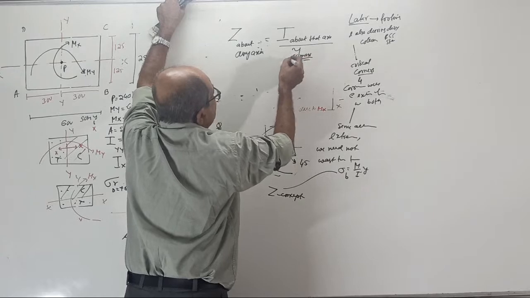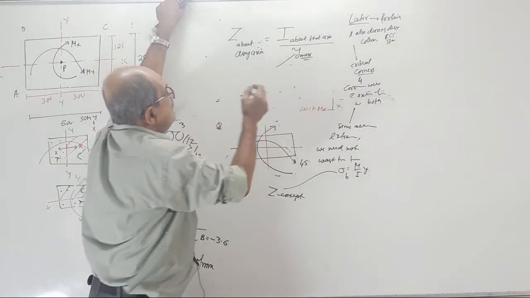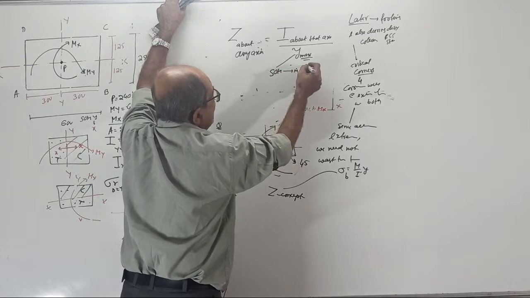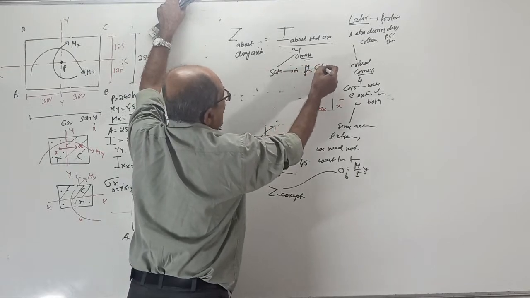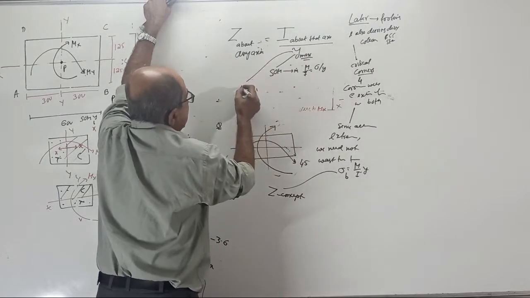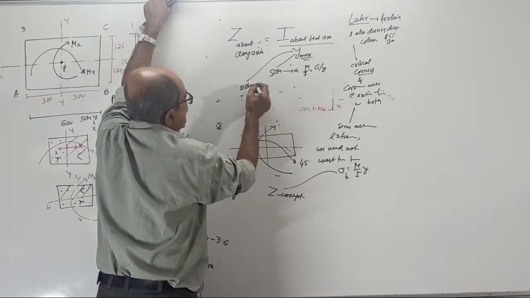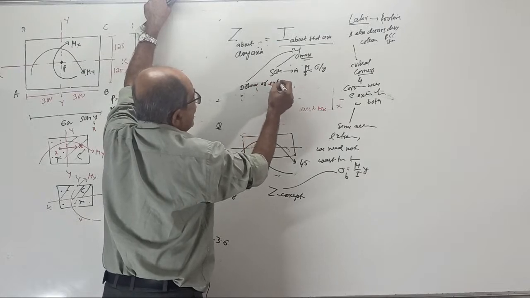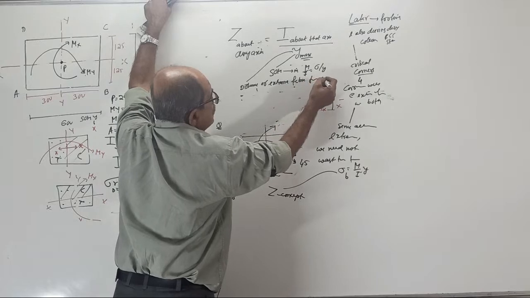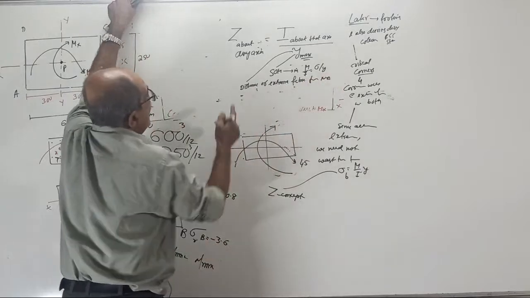This y max is not your x or y; it is the y in the strength of materials equation M by I equals sigma by y. You can say y max means the distance of the extreme fibers from the neutral axis. That is called Z.